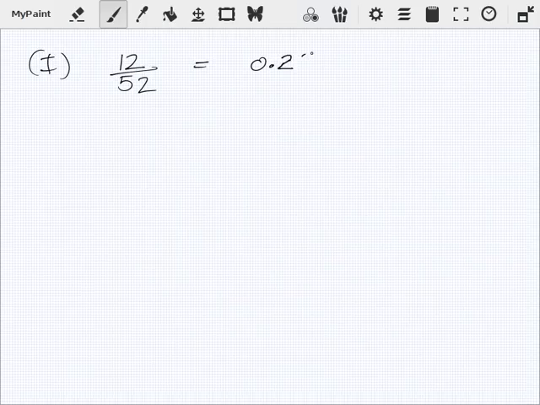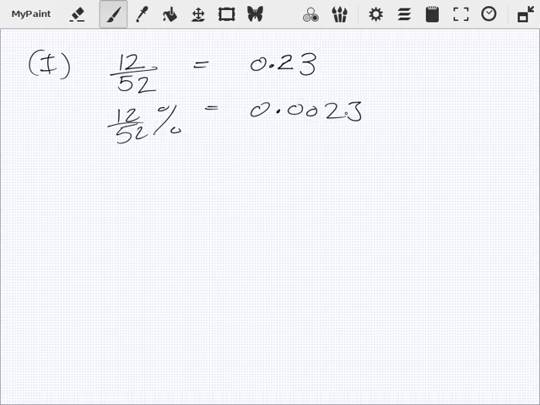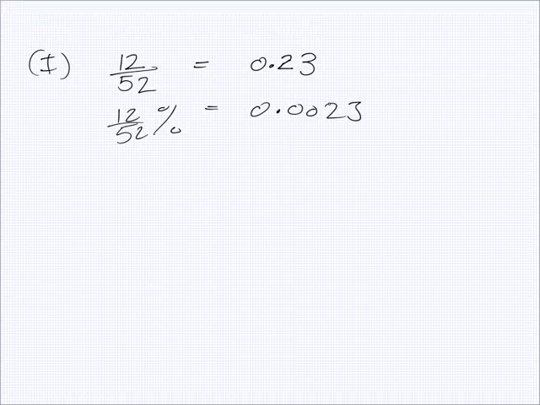Can you take out the calculator? What's 12 divided by 52? 0.23. So 12 over 52 percent is 0.0023. It's quite small, of course.